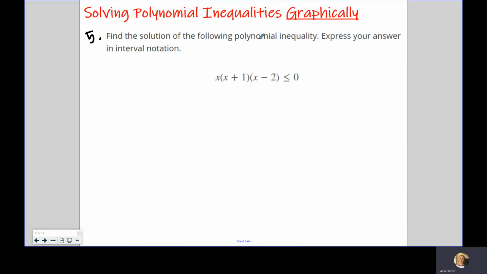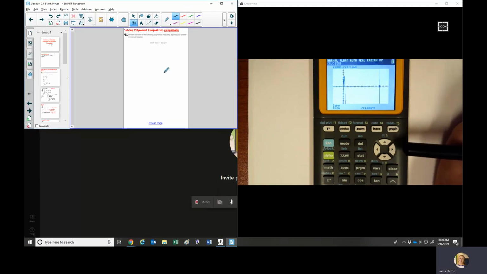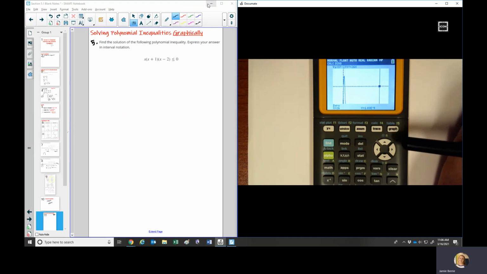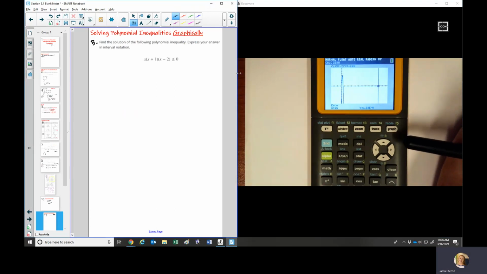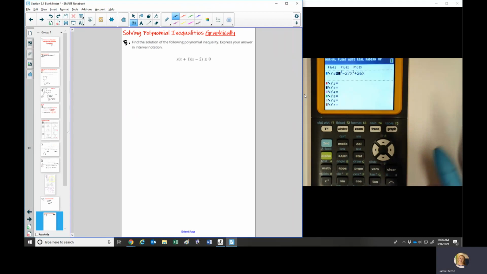All right, so we are going to put our calculator up on the screen. Let's go to our y equals screen. Clear that out, so hit the clear button.